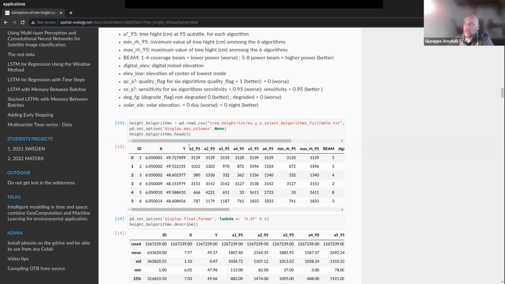There are 6 algorithms that each provide an estimate of the tree height. In some cases they match very well, like this one. In other cases the algorithms give very different results, going from 300 to more than 1,000.